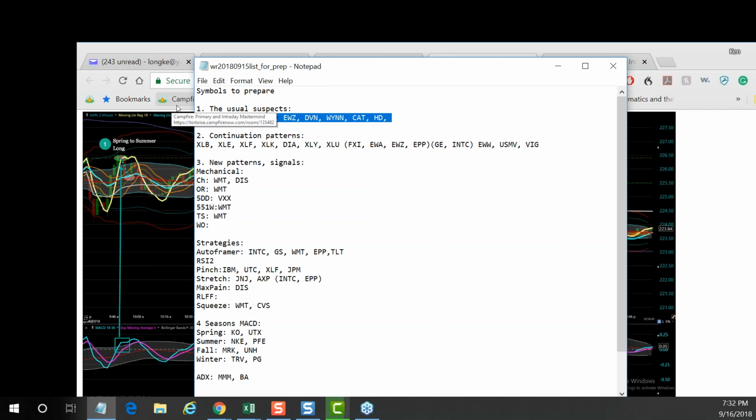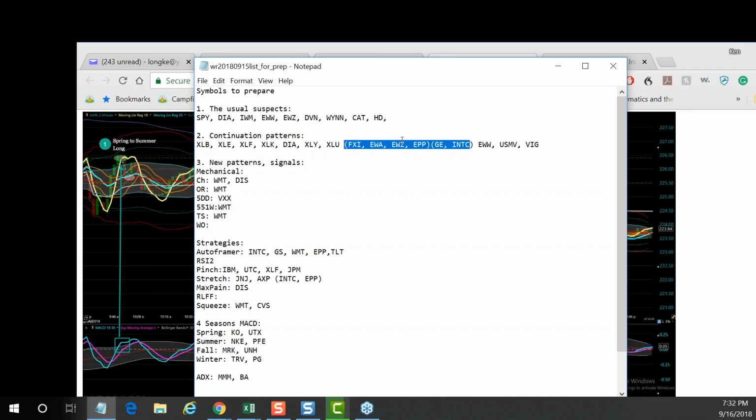Those are my frog champions, and then these were the continuation patterns from other swing trades. These ones here, you'll hear me talk about that in the parentheses. These are the ones that are the short continuations.